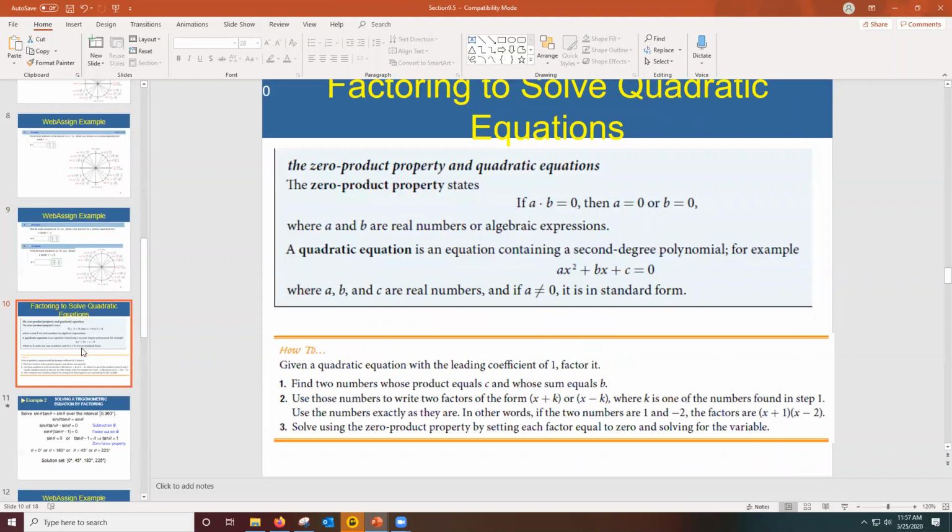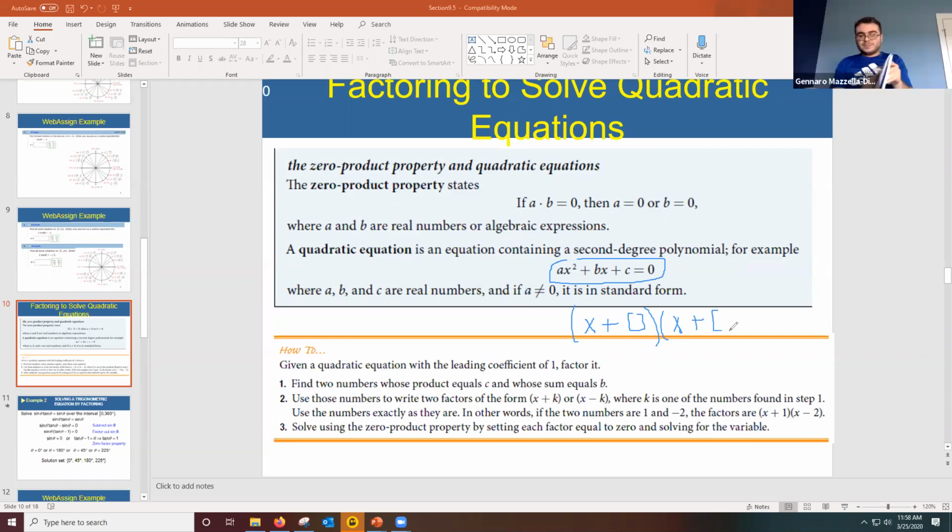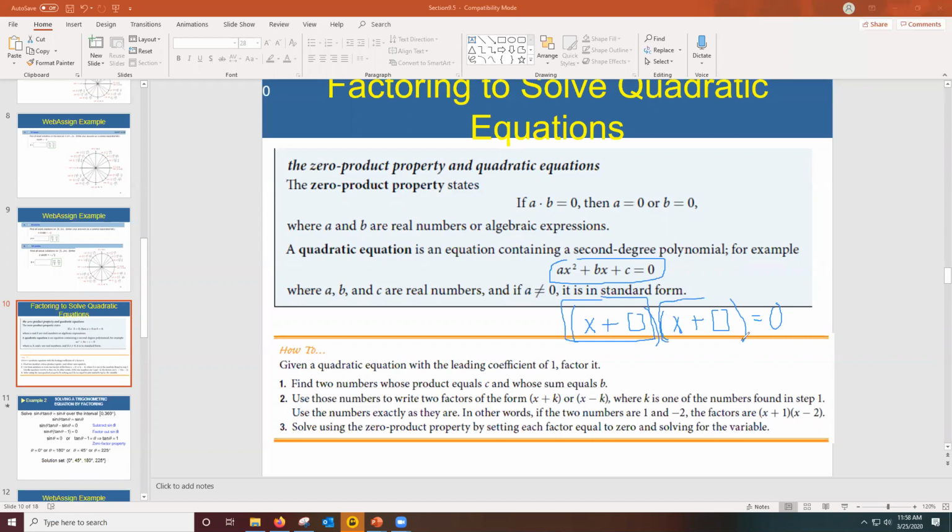So we're going to come back to this property that we talked about on Monday, that says when you're trying to solve a quadratic equation, if you can get this to look like x plus a quantity times x plus another quantity set equal to 0, we call this factoring, then you're allowed to set one parenthesis equal to 0 and the other parenthesis separately equal to 0.